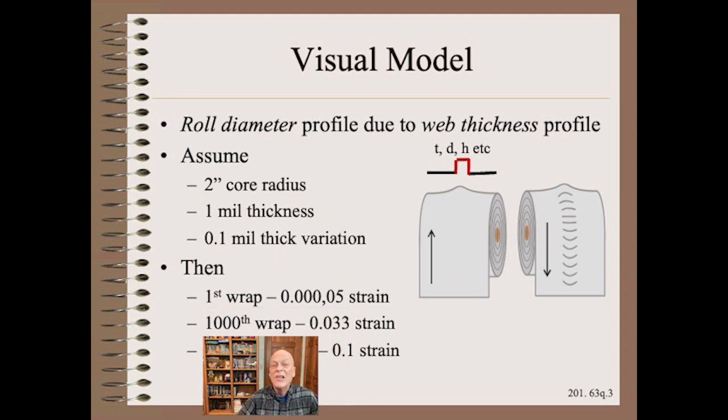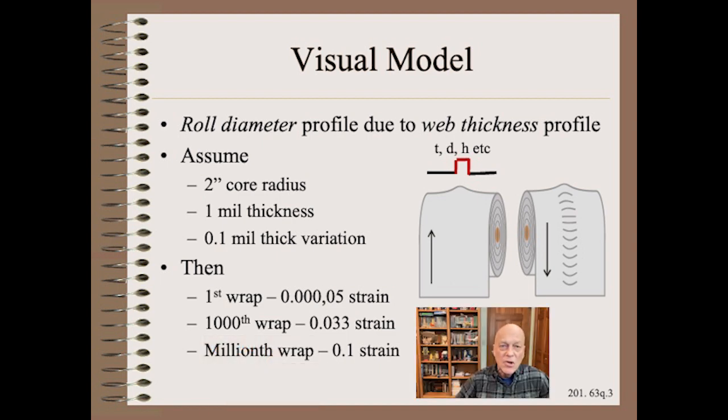By time of the 1,000th wrap, the strains are noticeable, and the asymptote at infinity is the value of the incoming variation. Yes, I know this is in US units. Yes, I know this is just one set of 3 inputs. Your product may well be different.